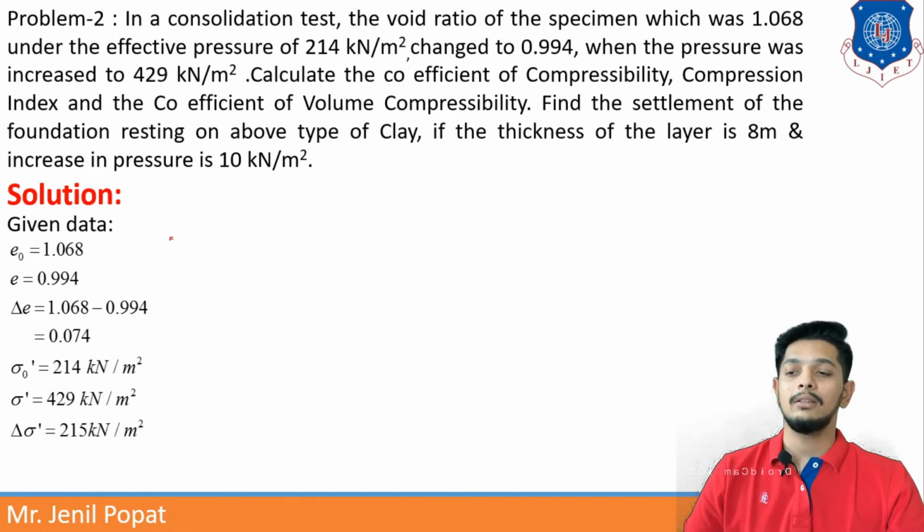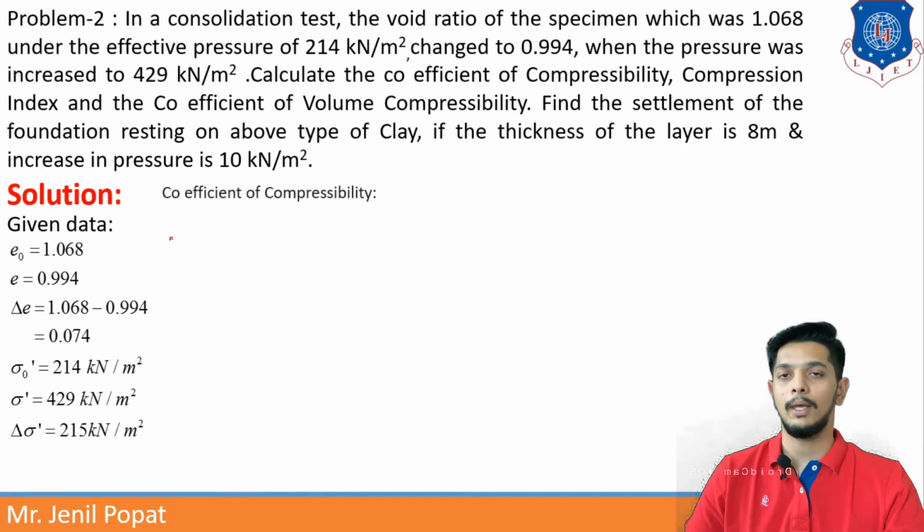Sigma 0 dash is 214 kilonewton per meter square, which is provided initially, and finally the effective stress was 429 kilonewton per meter square. So delta sigma dash can also be found out with the same method. We can find the gap between initial and final pressure, that is 215 kilonewton per meter square.